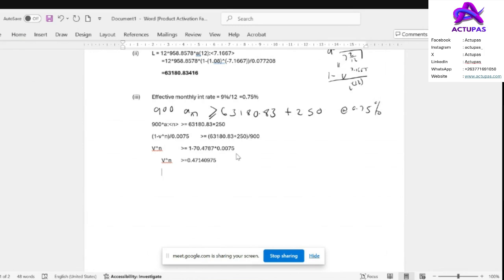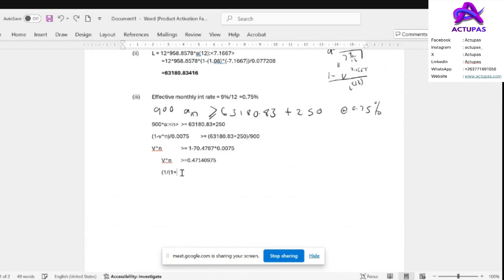And the next part is, v to the power n is just the same as saying, when we say v to the power n, we can write it as 1 over 1 plus i, 1 over 1 plus i to the power n, like this.